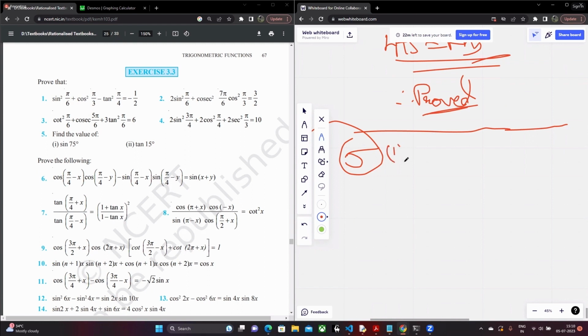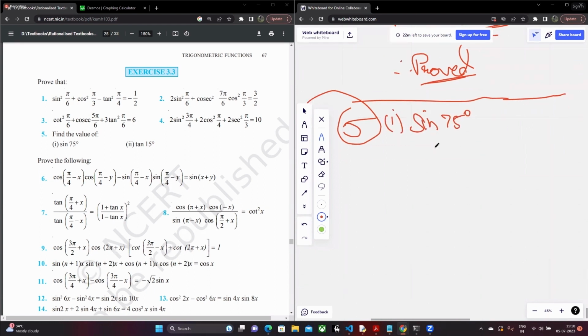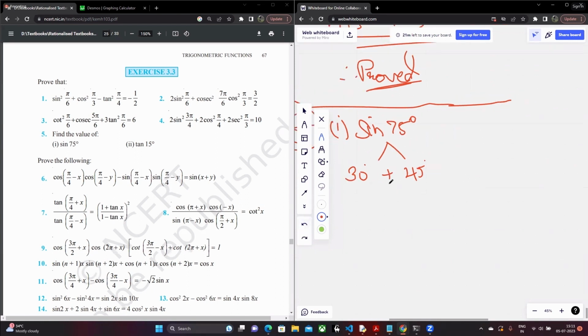So the first part, sine of 75 degrees. This you usually break down as 30 plus 45, right? Usually when these kinds of questions are asked, try seeing if the given value can be represented as a sum or a product or some kind of a difference, or a multiple of these kinds of standard angles, 30, 45, 60.